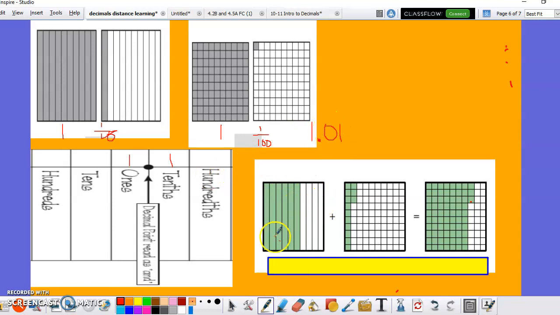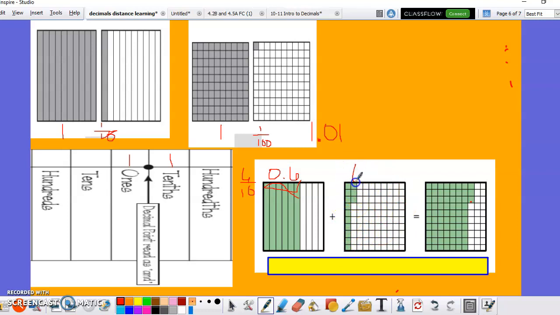When I look right here, I have tenths. I have 1, 2, 3, 4, 5, 6 tenths. I could write that as 6 tenths, or I could write it as a fraction, 6/10. And here my whole was divided into 100. I have this 10, 11, 12, 13.